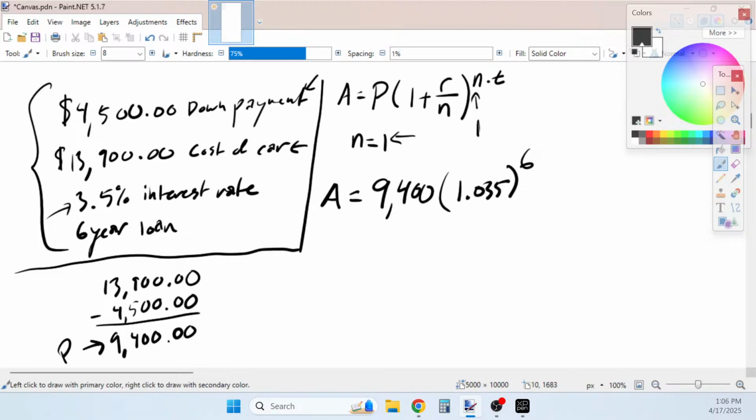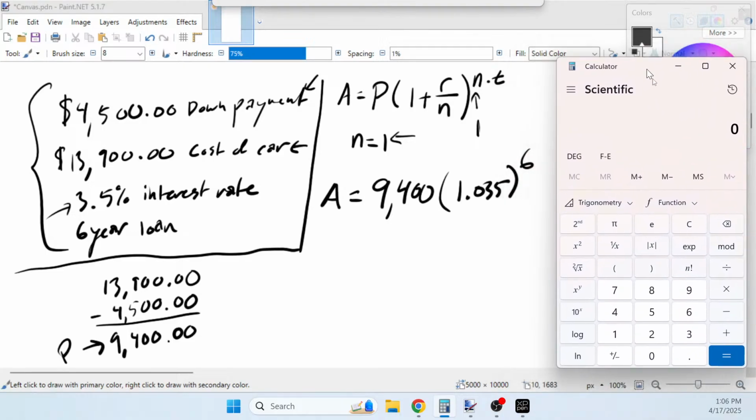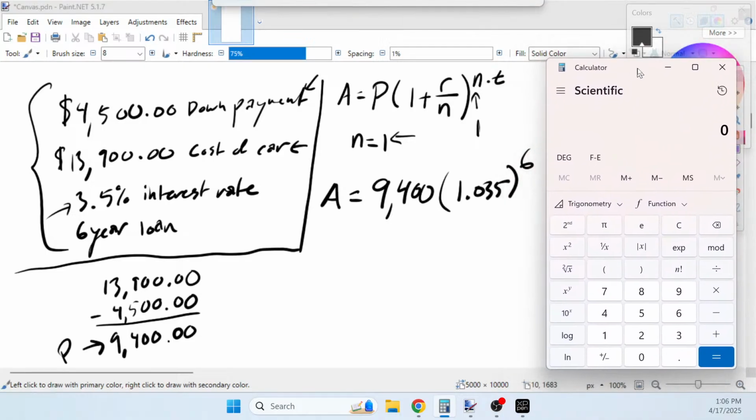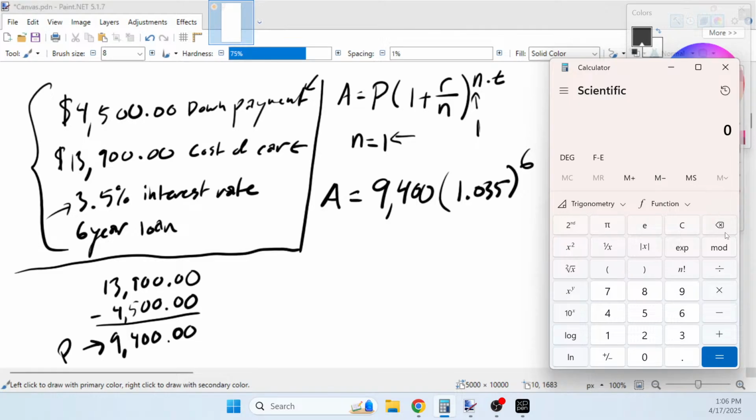So let's pull up a calculator. We're going to type in 1.035, and raise that to the power.